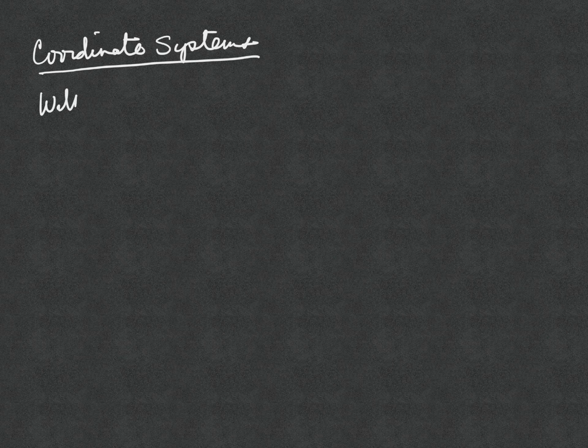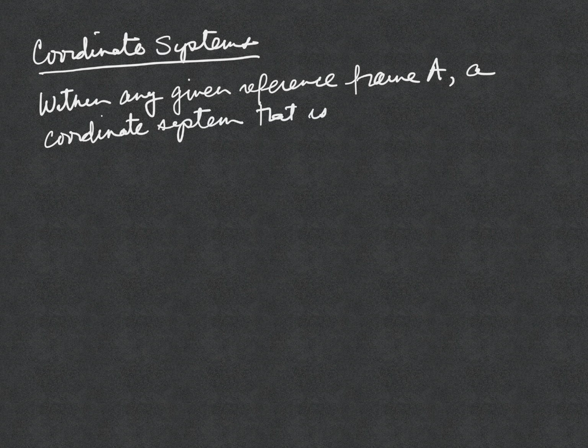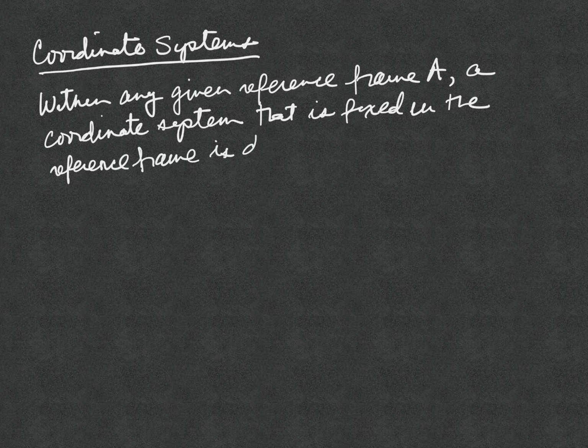So within any given reference frame, and we'll just call this reference frame A, a coordinate system that is fixed in the reference frame is defined as follows.